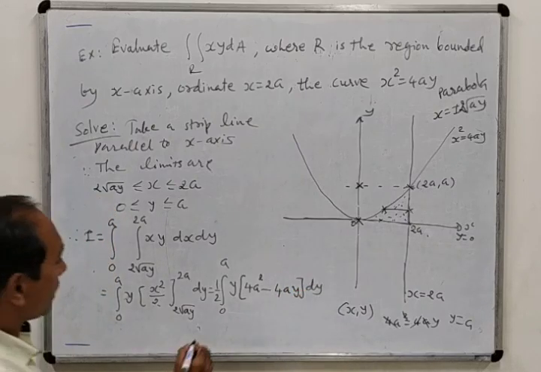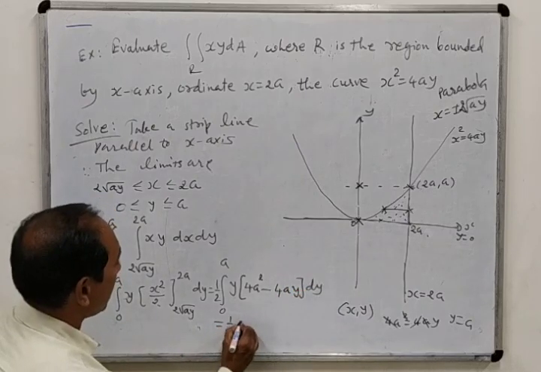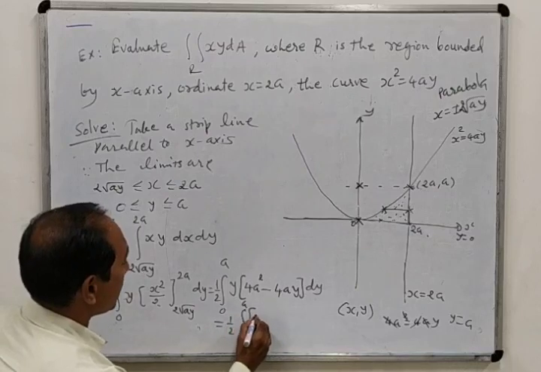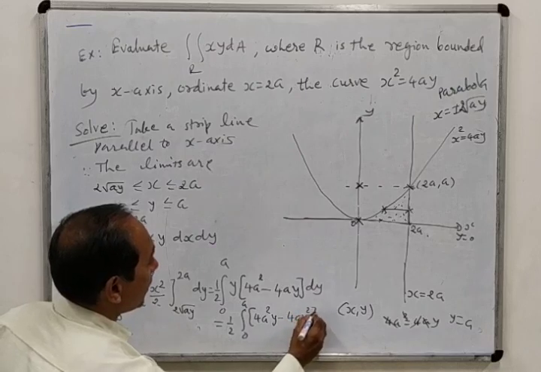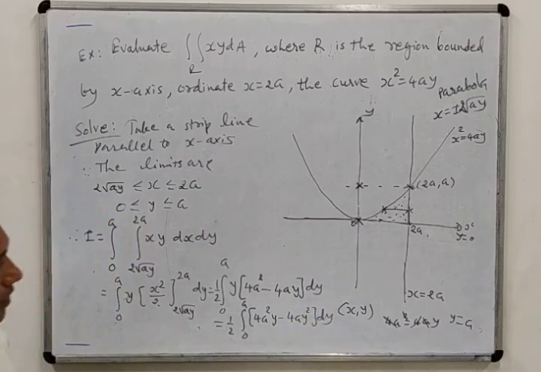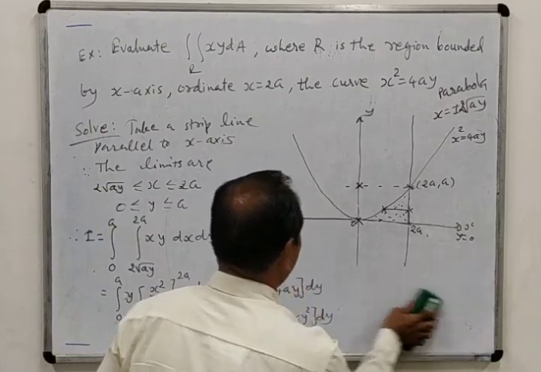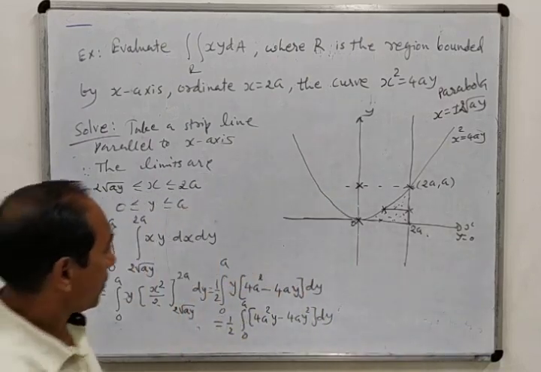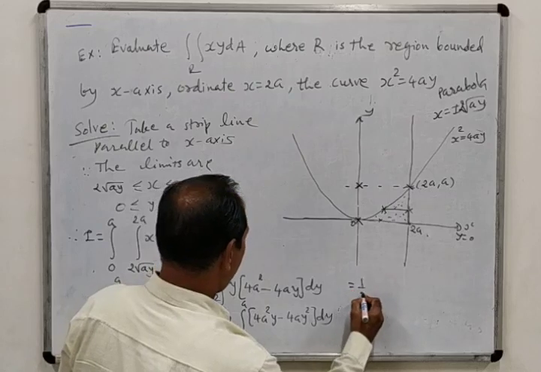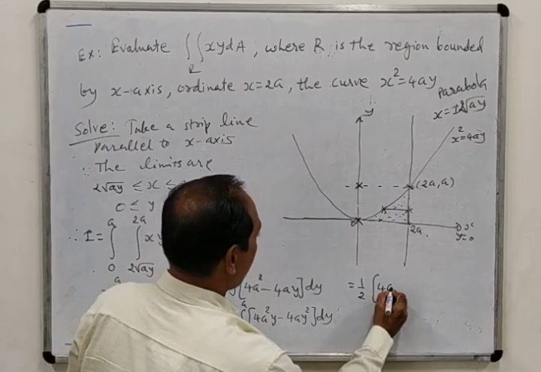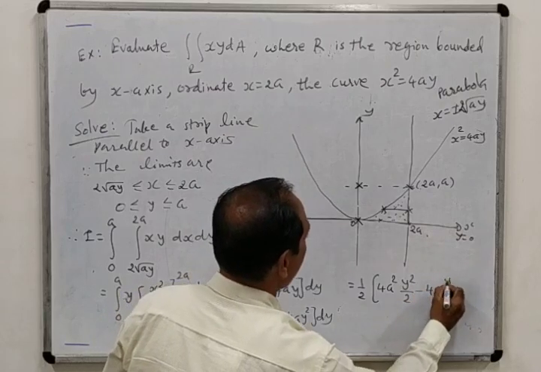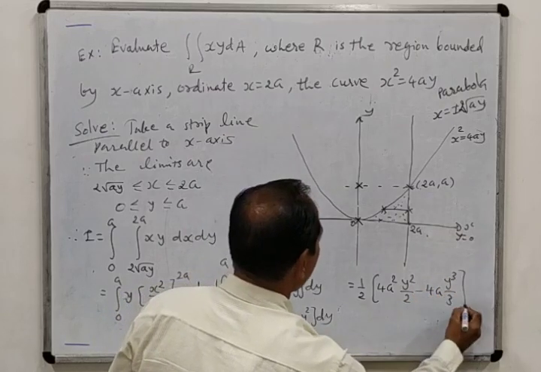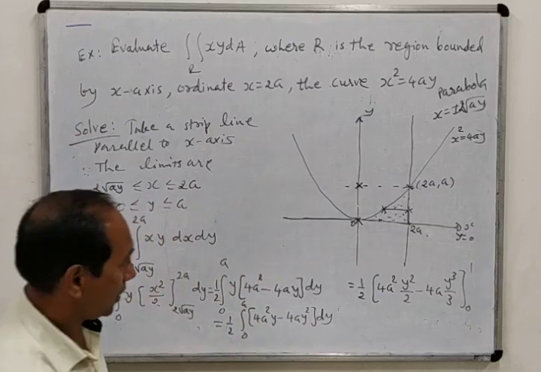So the integration is now 1/2 of 0 to a, 4a square y minus 4ay square dy. Then the integration is very easy. So this integration is nothing but 1/2 times 4a square, this is y square by 2, minus 4a, this is y cube by 3, and the limits are from 0 to a.